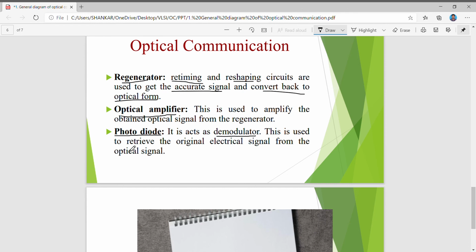Generally it is used to retrieve the original signal. Here our original signal is the electrical signal that is retrieved from the optical signal. So this is the general description of the communication of an optical signal through the fiber optic cable.